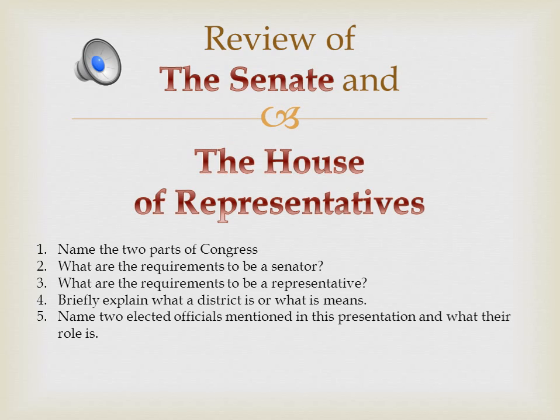Same for number 3, what are the requirements to be a representative? And then number 4, briefly explain what a district is or what it means. Why is a district important? Why should we even know that? And number 5, name 2 elected officials mentioned in this presentation and what their role is. Feel free to use the back button and review.